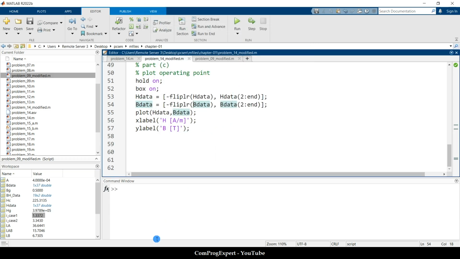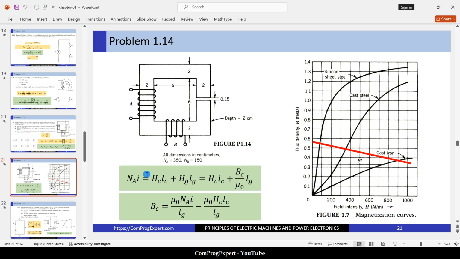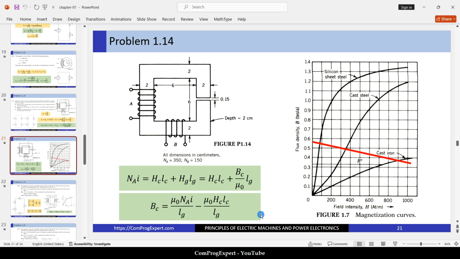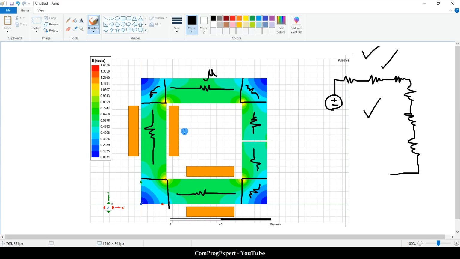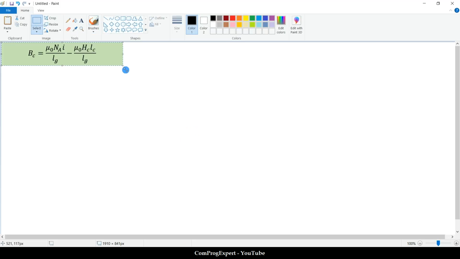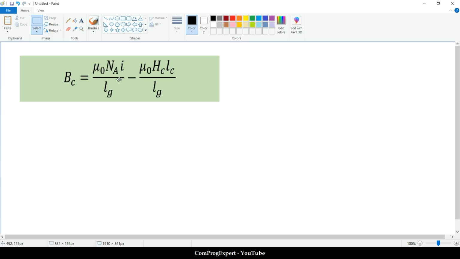And what is the load line? You can see the load line here. This is the shift, and this is the multiplier of the H. Let me consider this load line here.